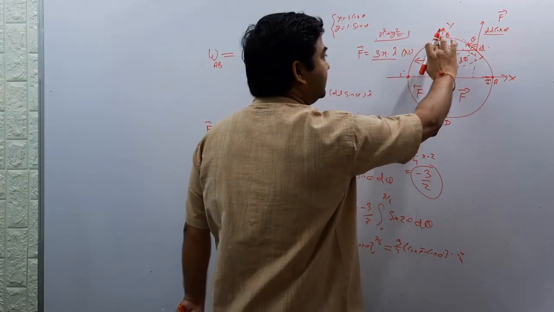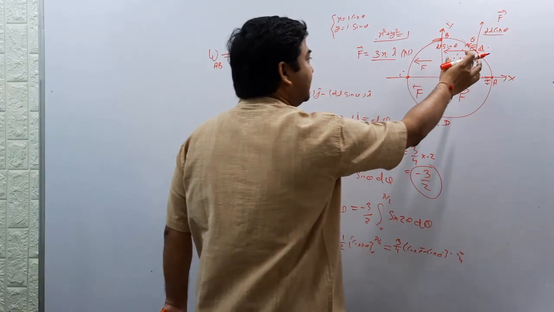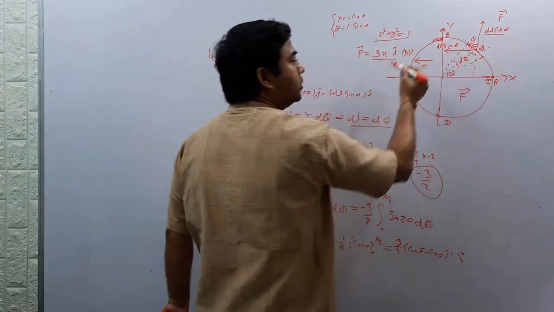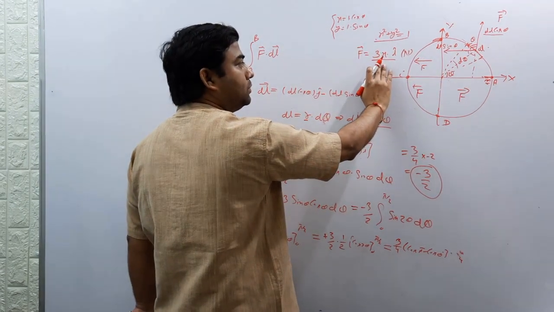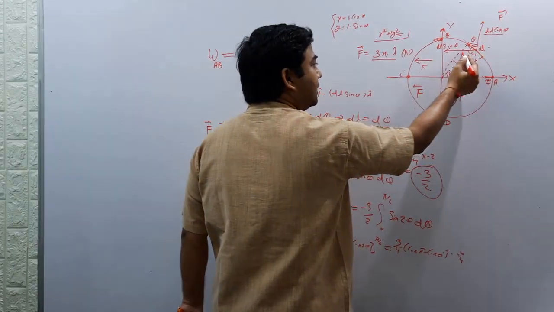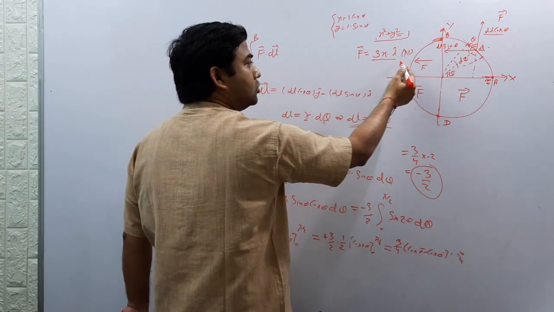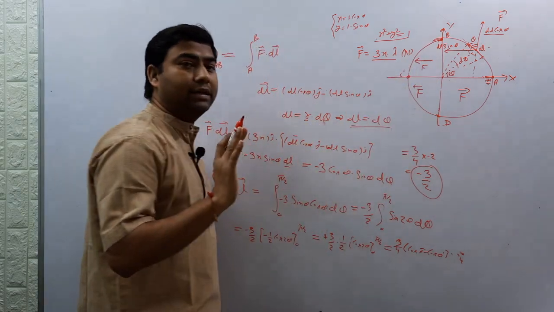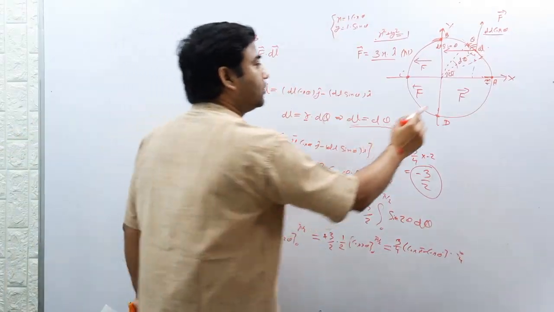Vector F in this quadrant is along positive x direction, and vector dl, that is the displacement vector, has two components, vertical and horizontal. The vertical component will have 0 dot product with this vector, so we can omit that. But the horizontal component is toward the negative direction of the x-axis. So the dot product of F dot dl from A to B will be negative, because both vectors are opposite to each other from A to B.